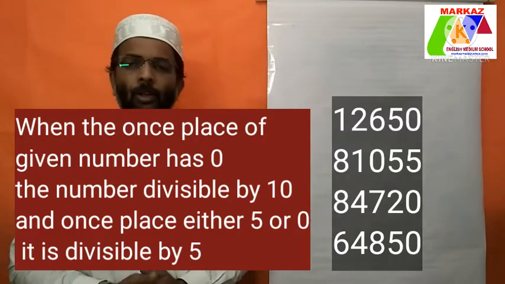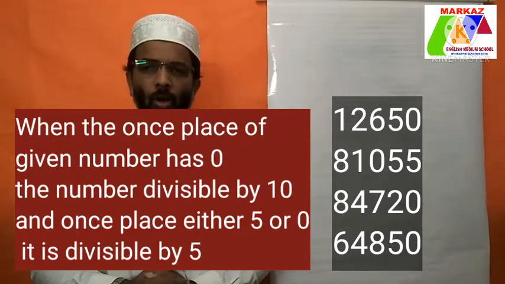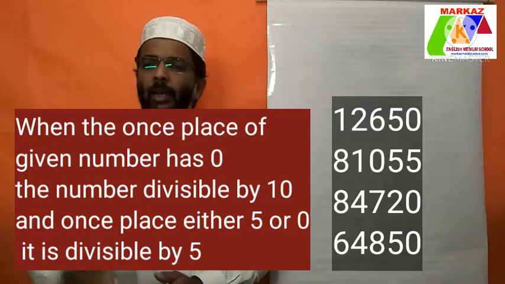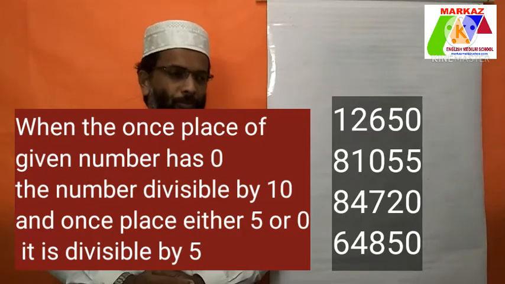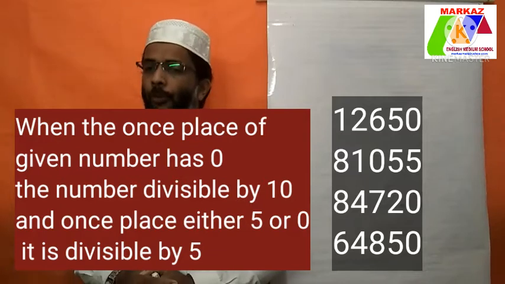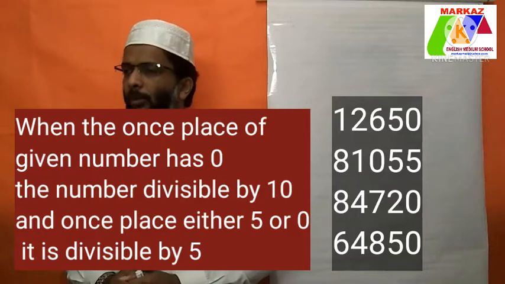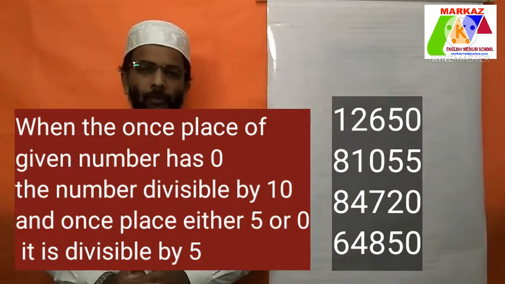First question, 12,650. Ones place is 0, it is divisible by 10 and 5. Second one, 81,055. Ones place is 5, it is divisible by 5 only.